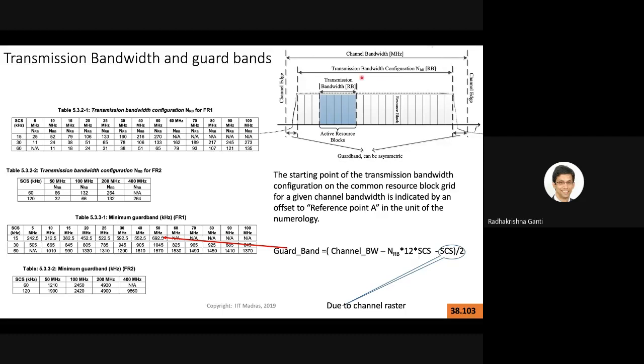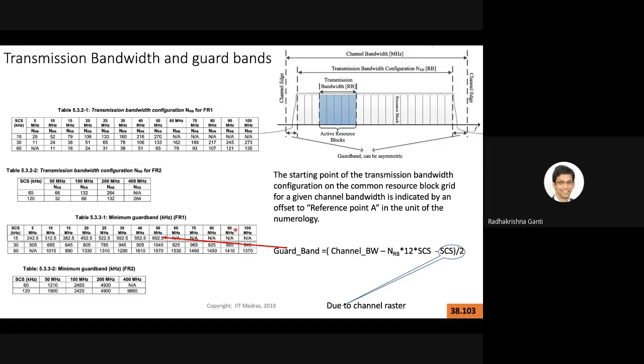Essentially this is specified in 38.103, which is the base station document. It tells you for each subcarrier spacing what transmission bandwidth is allowed in terms of PRBs, number of resource blocks, both for FR1 and FR2.